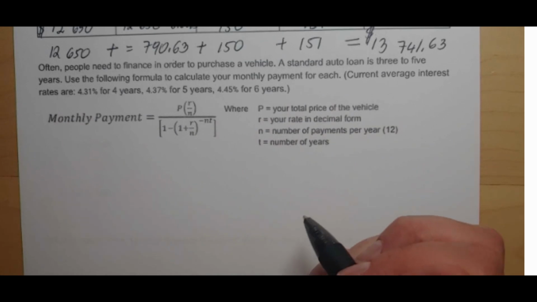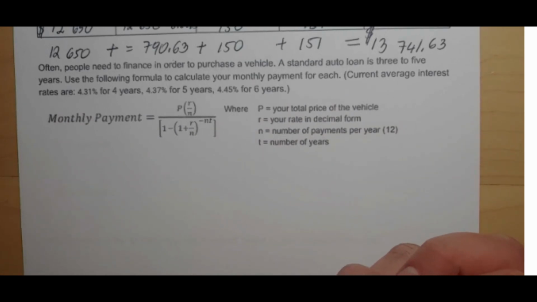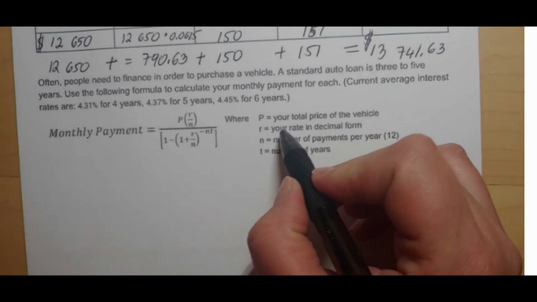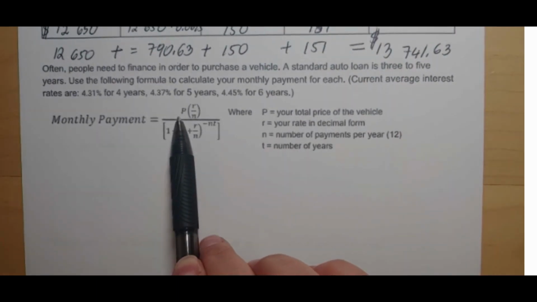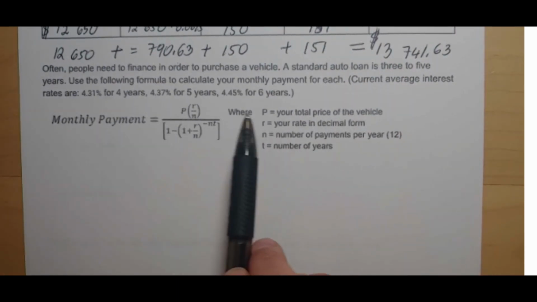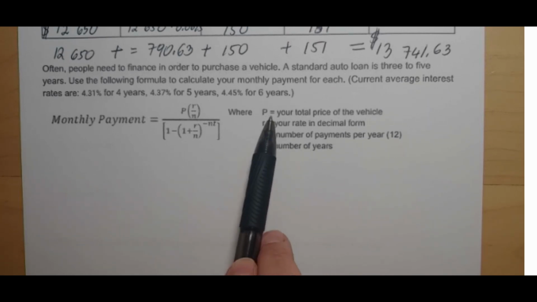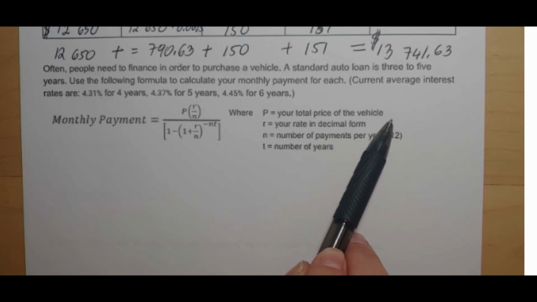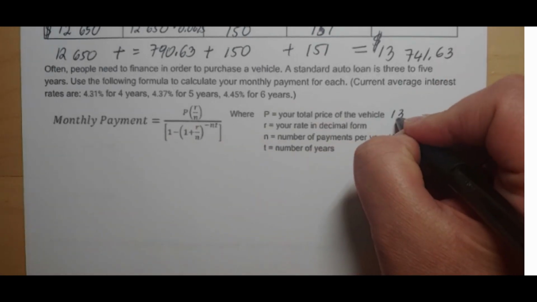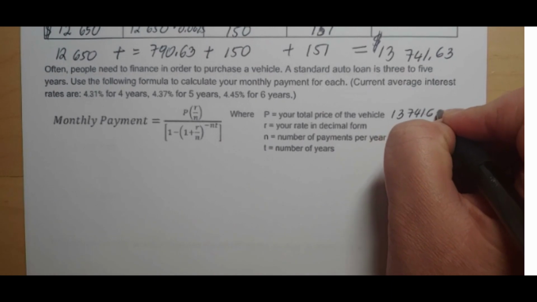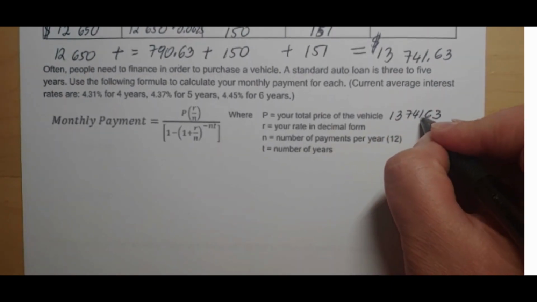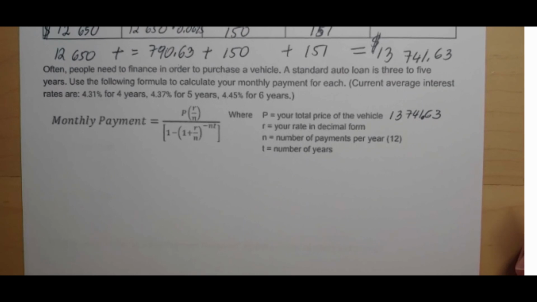So to do this, you are going to substitute whatever numbers we have for P, R, N, and T. Okay, P is the total price of the car. So we said the total price. I did not have any money to put in, so that's how much I'm going to finance. Your rate in decimal form.